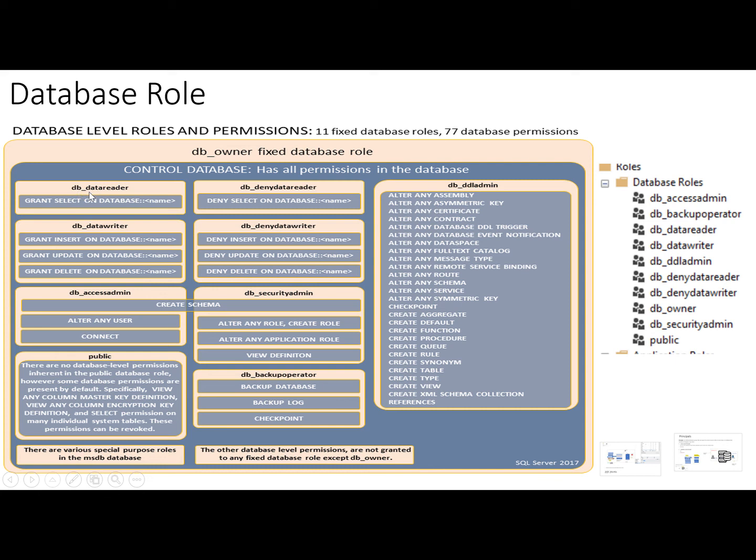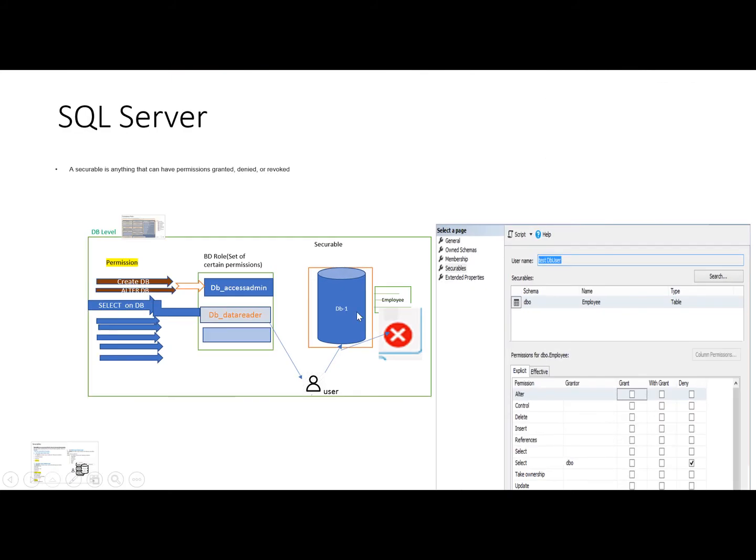If we give this role to any user in the database, that user can select from any table and any view in that database. So the user becomes a member of this role and has access to select from all the tables and views in this database.